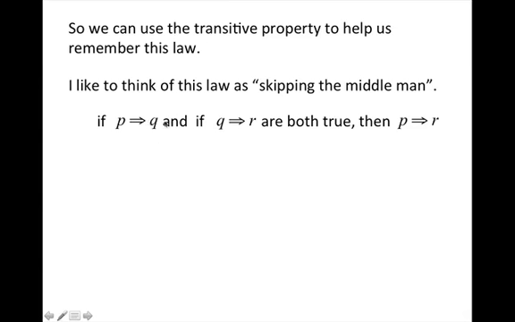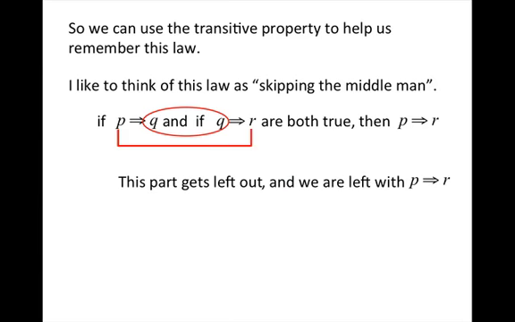It's the conclusion for the first implication, and it's the hypothesis for the second implication. If I drop it and put the P and the R together, then I get P implies R, and that's also true. So that middle part is going to get left out, and we're left with P implies R.